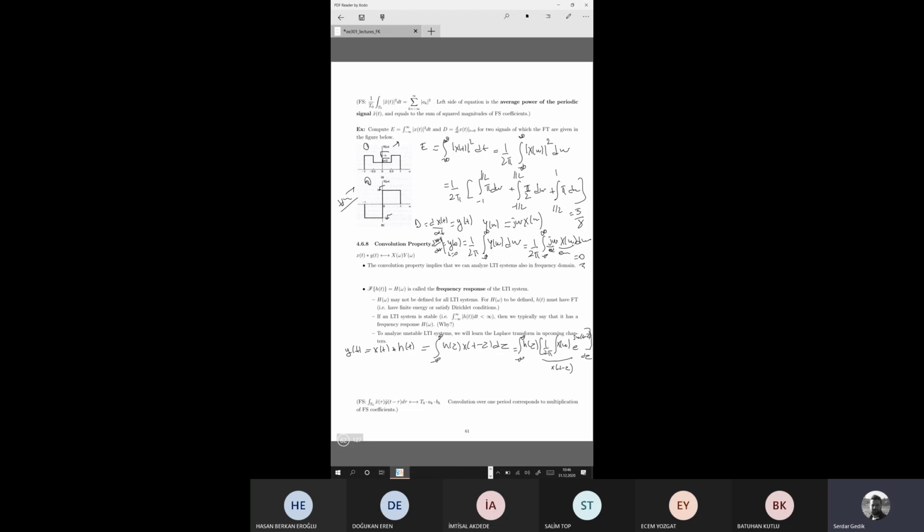I've used the synthesis equation, so I know that x of t is 1 over 2 pi integral x of omega e to the power j omega t d omega. Instead of t, I put t minus tau.